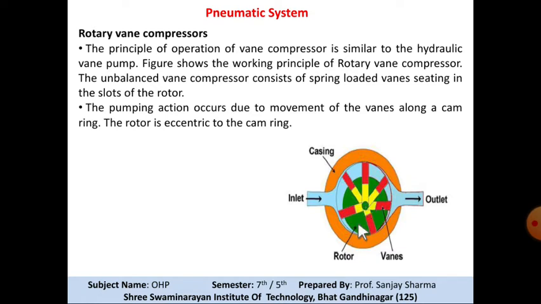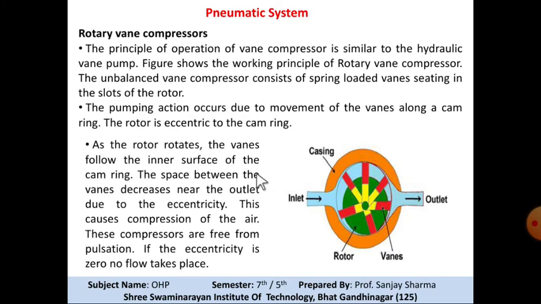Because of this eccentricity only, the internal casing volume varies when the vane rotates, and this variation in volume results in the suction and delivery of pressurized air: the air which is sucked in at normal atmospheric pressure, and the pressurized air which is released.